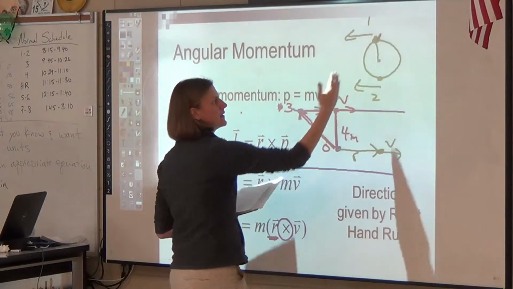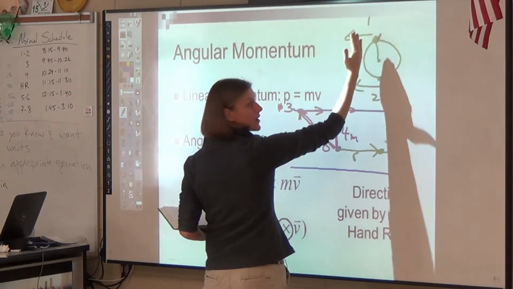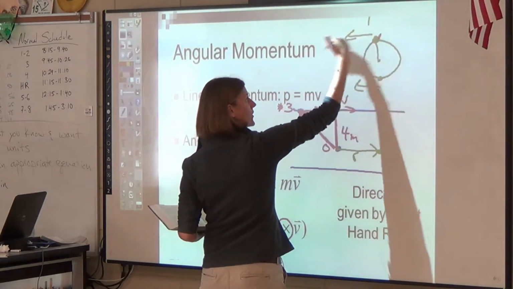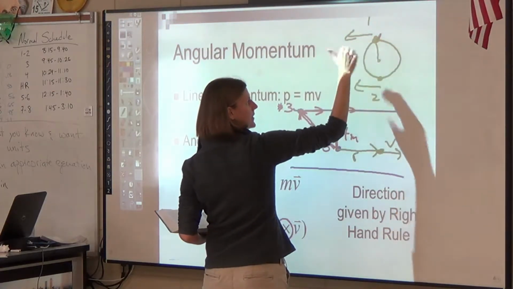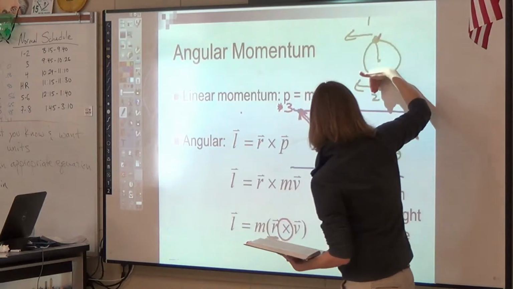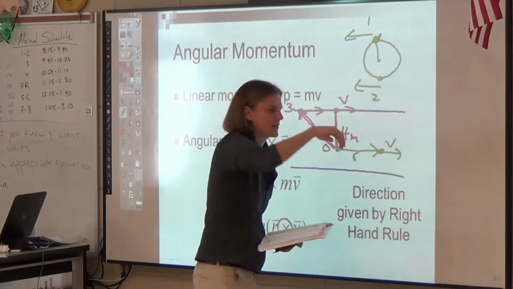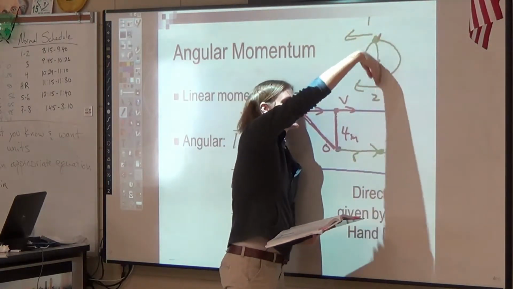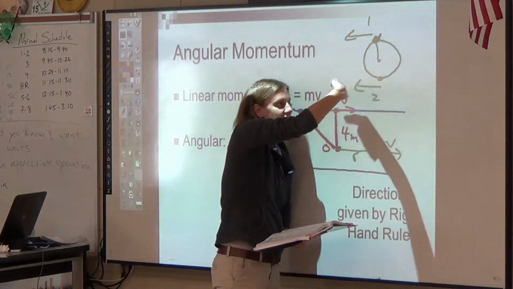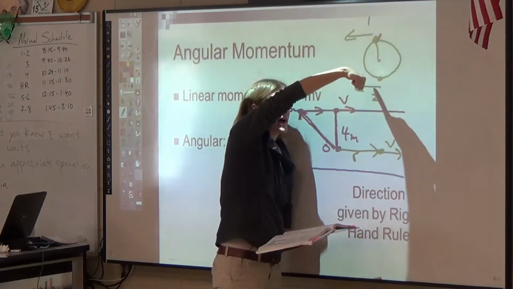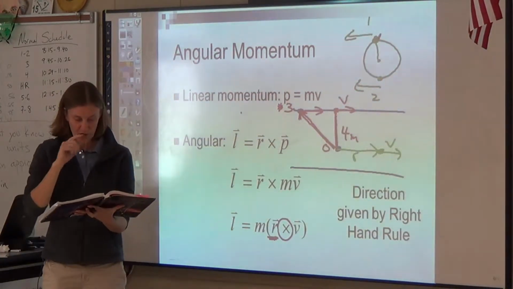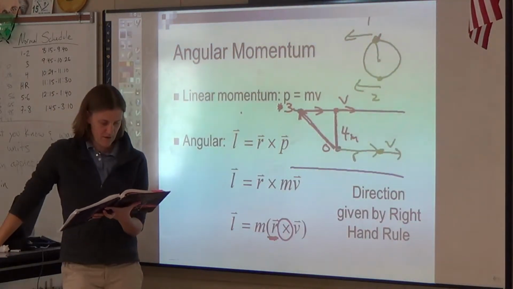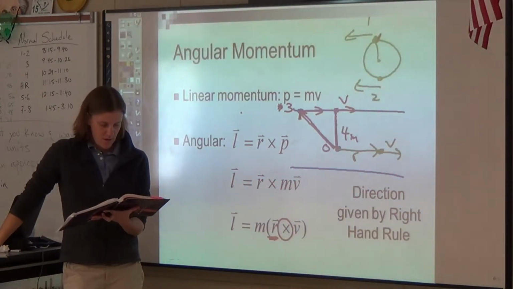Okay, so 1, right hand in the direction of R, cross towards the V. That's going to be a positive angular momentum. So that's up. Okay, but down here, R, oh, I gotta break my right hand to do this one. Okay, point towards R is down. Cross towards V this way. That would be down. Okay. So 2 is negative. Which other one is negative? 3 or 4?